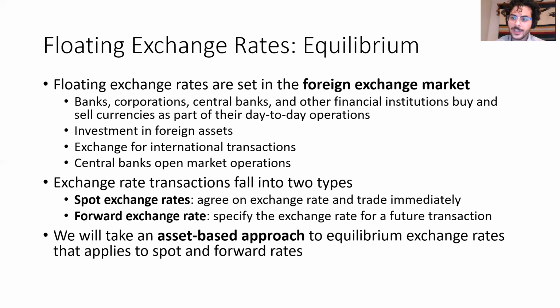For forward exchange rates, parties will specify an exchange rate for a future transaction, say 30 days from now or 100 days from now, and they'll agree to make a trade at that rate in the future at whatever period they specify. For looking at the equilibrium exchange rates, we're going to take an asset-based approach that's going to account for both the spot and forward rates.